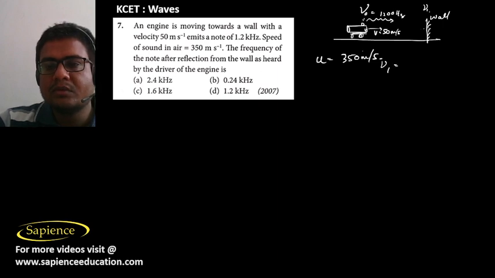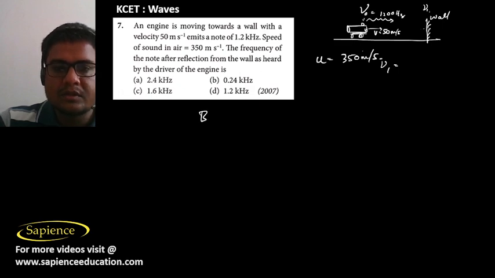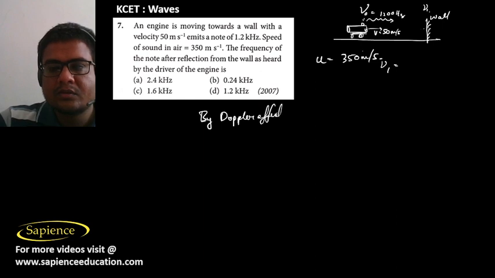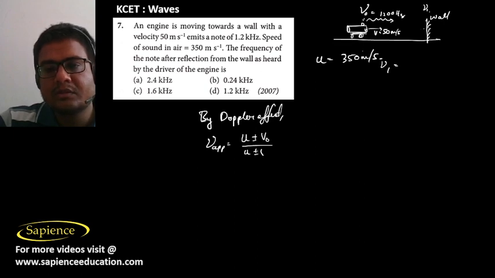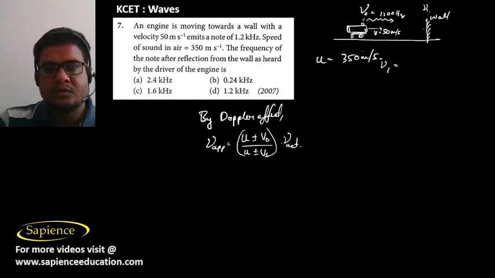So nu 1 will be equal to, according to the Doppler effect, the apparent frequency equal to u plus minus v naught by u plus minus vs into the actual frequency, where v naught is the velocity of the observer, vs is the velocity of the source, and u is the speed of sound.